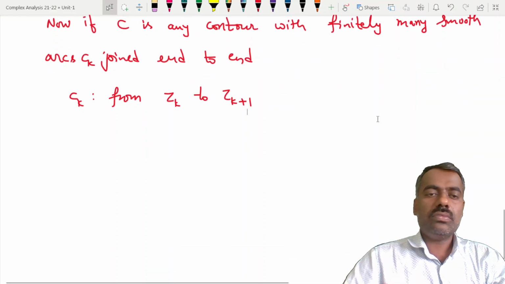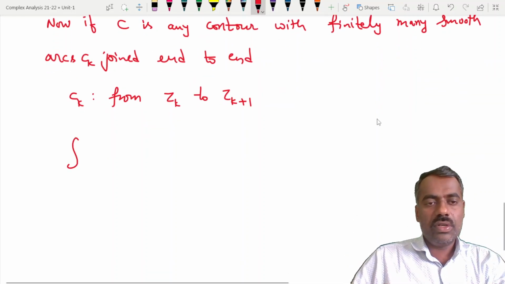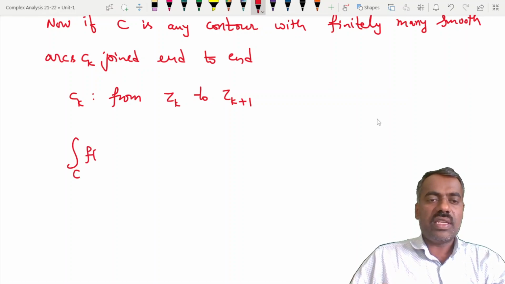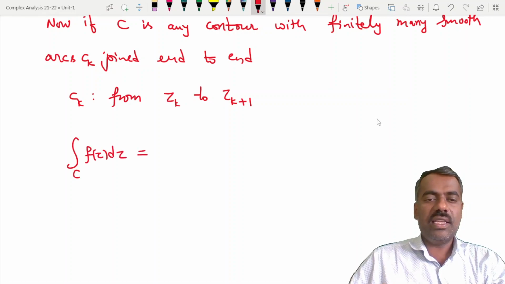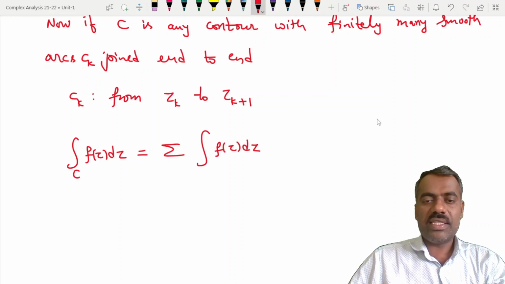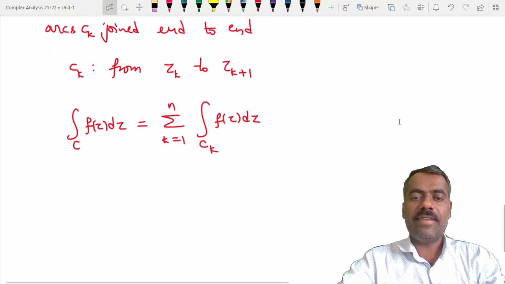Then we already know that the integration over C of f(z) dz is nothing but the summation of the integrals of f(z) dz over each Ck, where k is from 1 to n, finitely many.